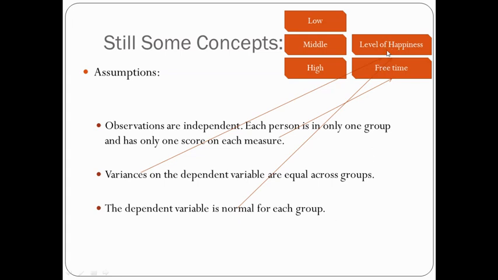You can check normality of level of happiness and free time, so normality of this dependent variable and normality of this dependent variable for each subgroup in your research.